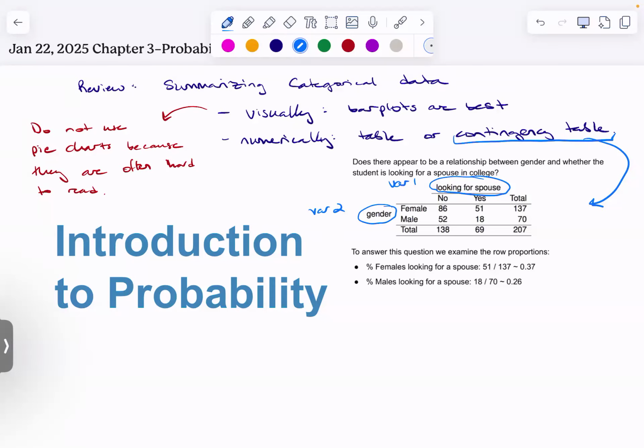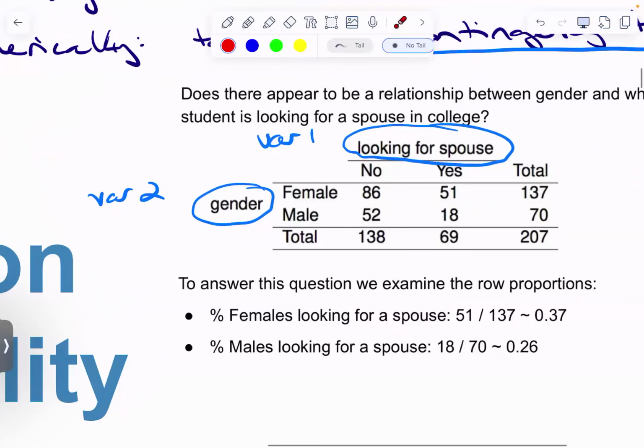I've arbitrarily named them variable 1 and 2. Unlike scatter plots, it doesn't actually matter which variable goes where, because it's just going to be a table, a two-way table, or a contingency table. Gender has 2 categories, and whether they're looking for a spouse, we have 2 categories.